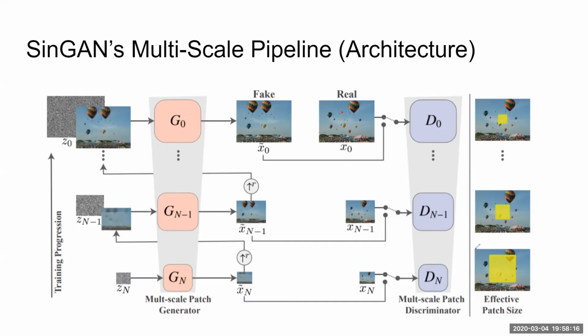Sorry, I forgot one thing. In the lowest level generator, which is this one, the image is resized to 25 by 25 pixels, and the discriminator will use a patch discriminator.